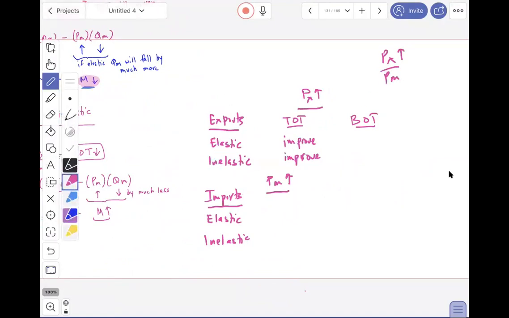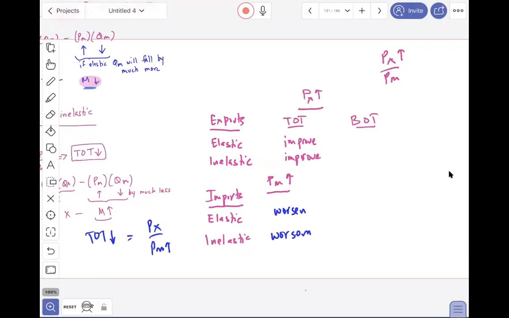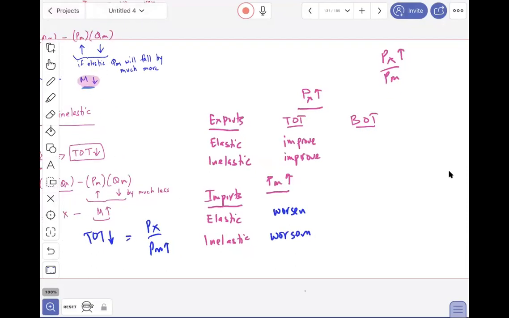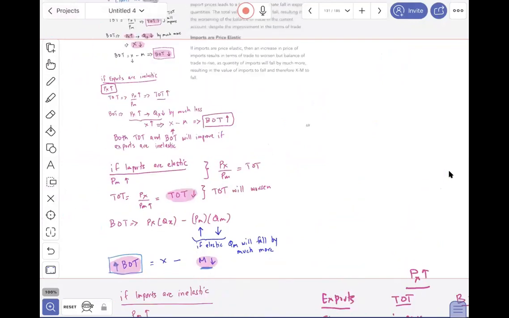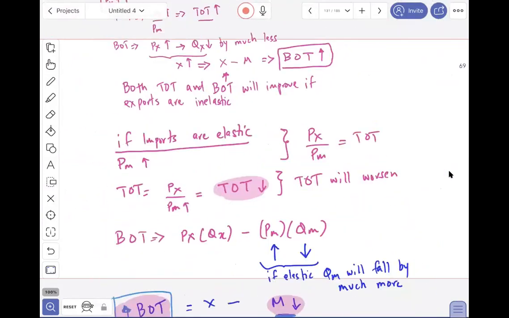inelastic. But for the PM case, terms of trade will worsen and worsen. Why? Because if PM is going up, your terms of trade will worsen. But if the goods are elastic, guys, let's look at this one.